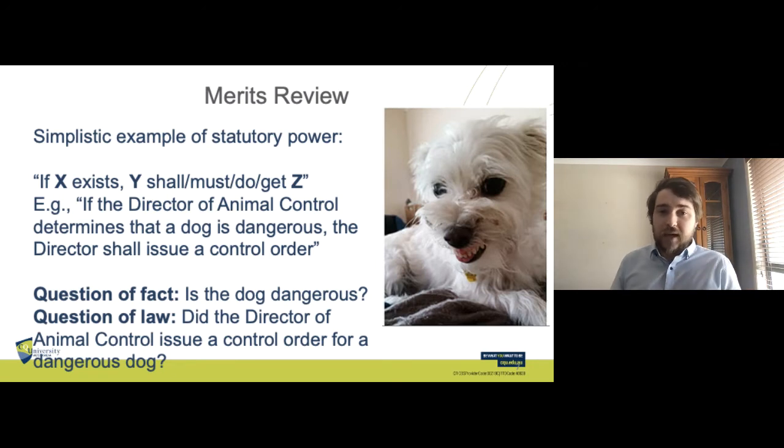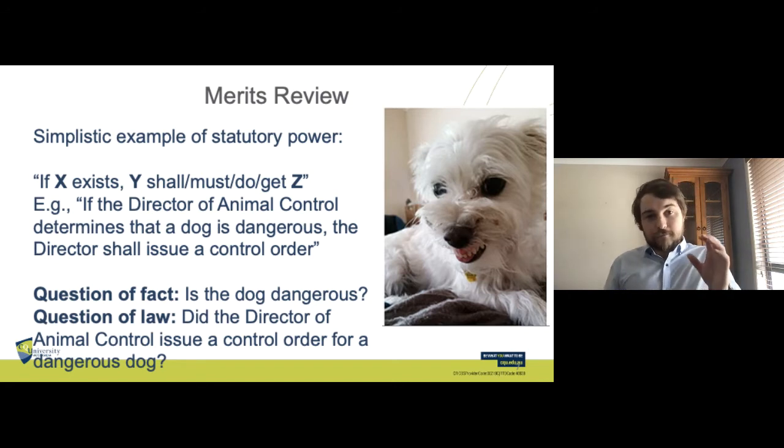So if a decision maker, the director of animal control, says, yep, this dog is dangerous, I'm making a control order, the question of law that judicial review is interested in is, was that control order issued correctly? All that sort of stuff. They can't look at the determination that the dog is in fact dangerous.